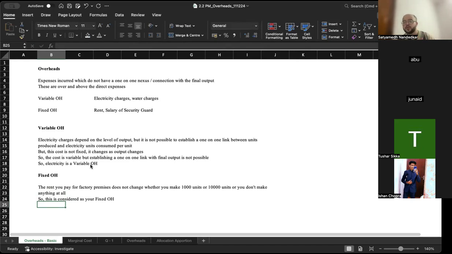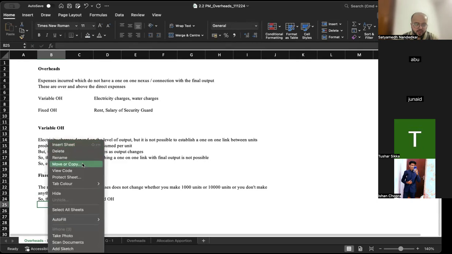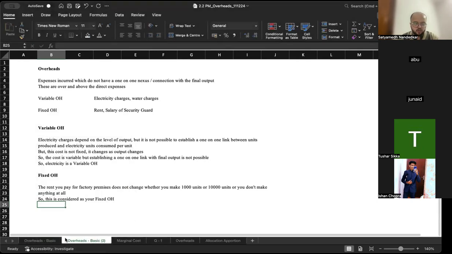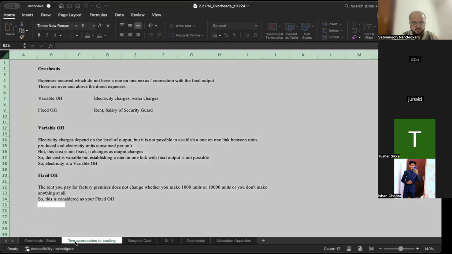Now, there are two approaches to costing, and the difference between these approaches is the treatment of fixed overheads. Okay, so just going to write down two approaches to costing.